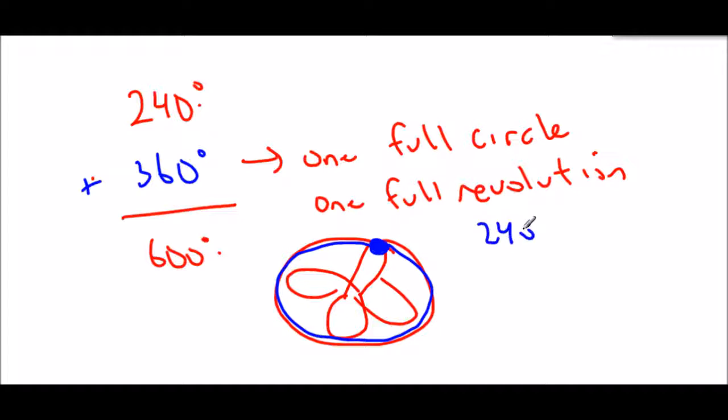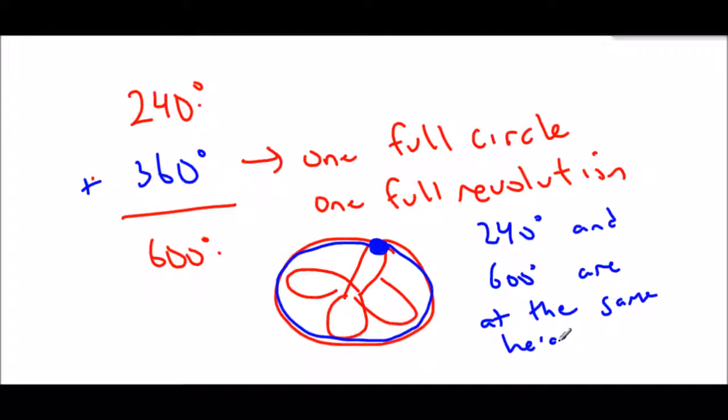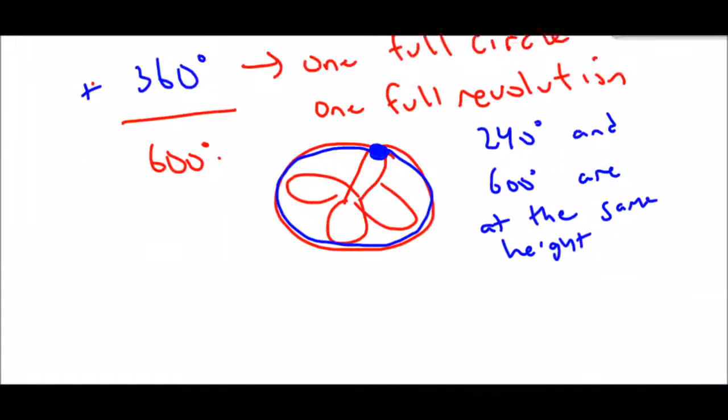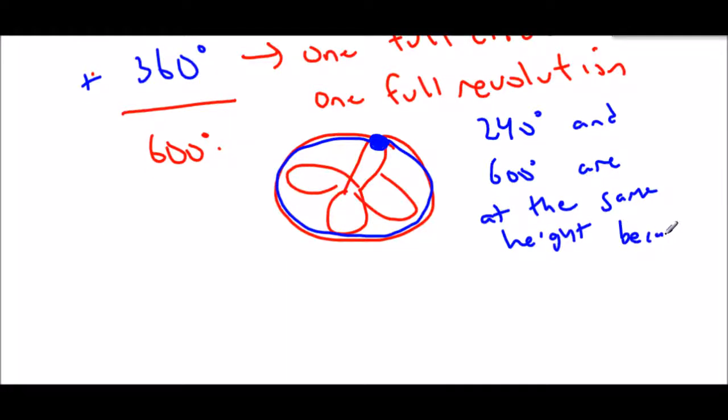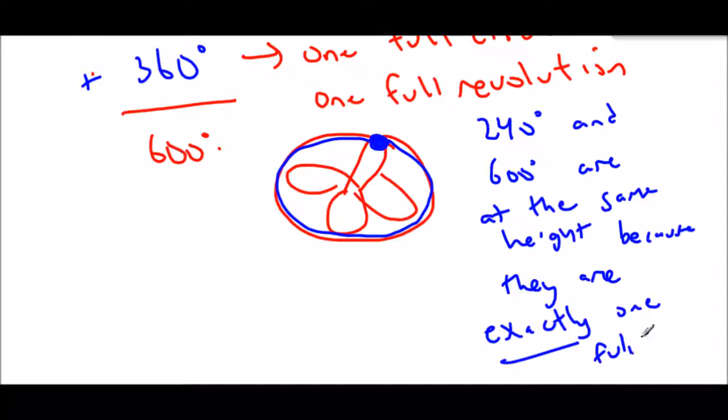So 240 degrees and 600 degrees are at the same height because they're exactly one rotation away. I'll say one full turn away, because I think it's better to explain in my own language and not use funny math terms.